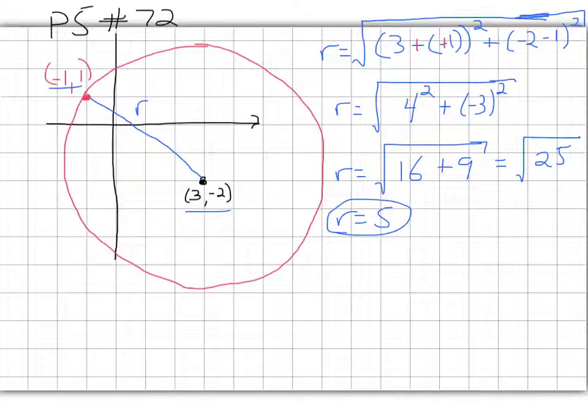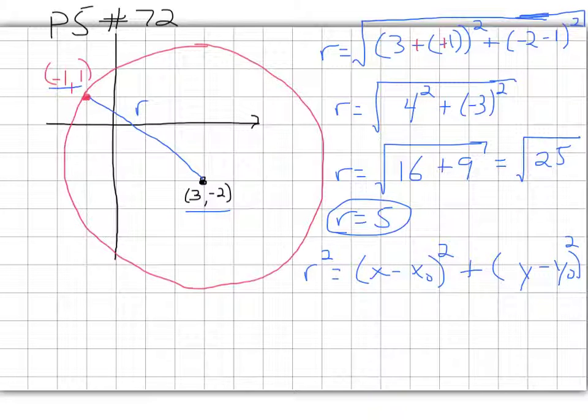Given a center and a radius, we can set up our equation, right? Remember, our equation is r squared is equal to x minus our center x, squared, plus y minus our center y, squared.